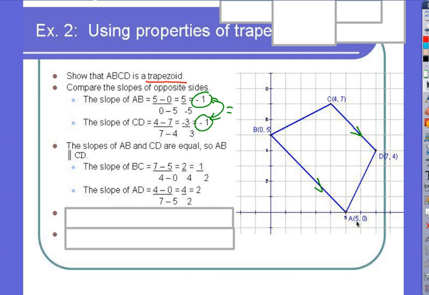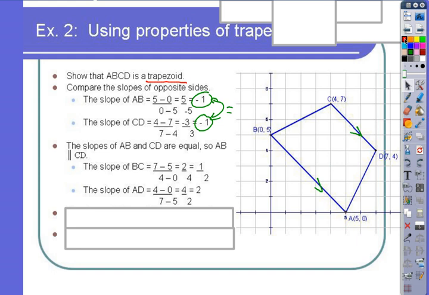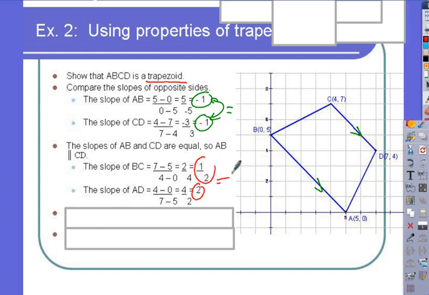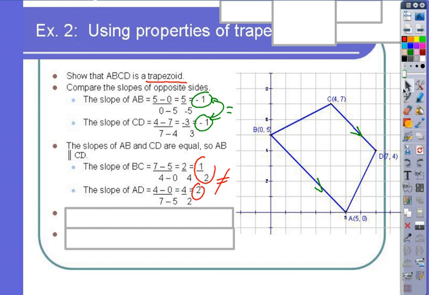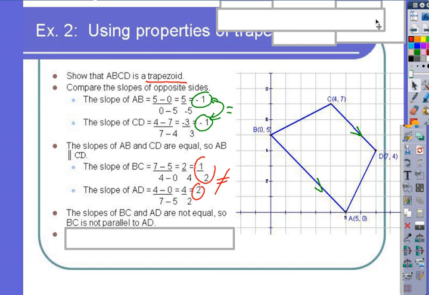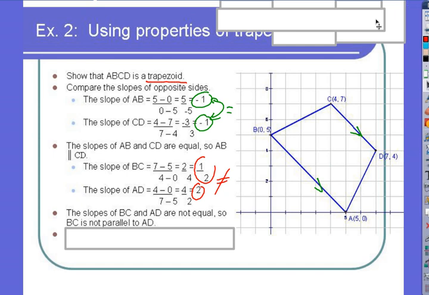Now that's 4 over 2, which is 2. So that's different, isn't it? 2 is different than 1/2. So these two are not equal. So that tells us that BC and AD are not parallel. So that does make it a trapezoid, doesn't it? You have one pair of parallel sides and one pair of non-parallel sides.